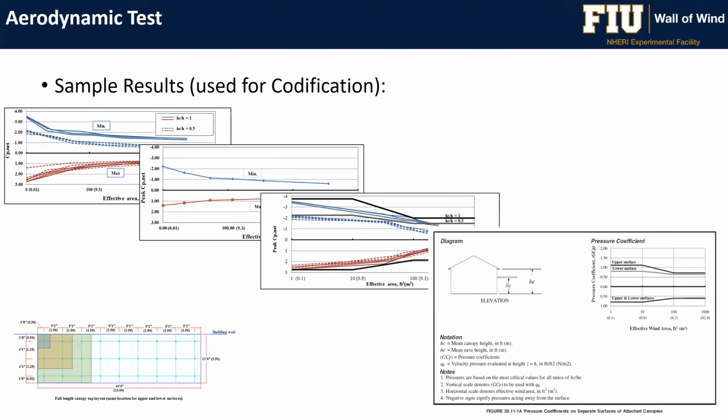And at the end, we can come up with design recommendations that we can submit to ASCE 7 committees. This is a successful example with the wind loads on canopies, ended up being adopted by ASCE 7-16. And we followed up with one more proposal for the 7-22 cycle for the mid-rise buildings.